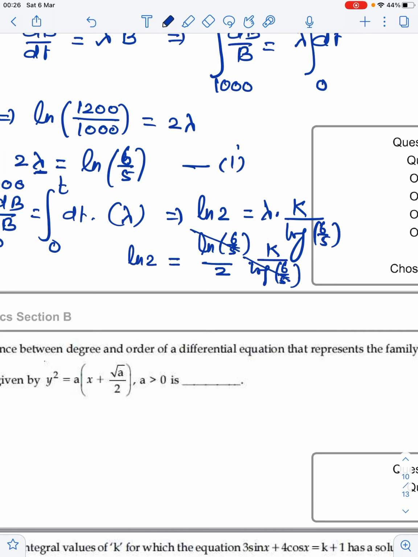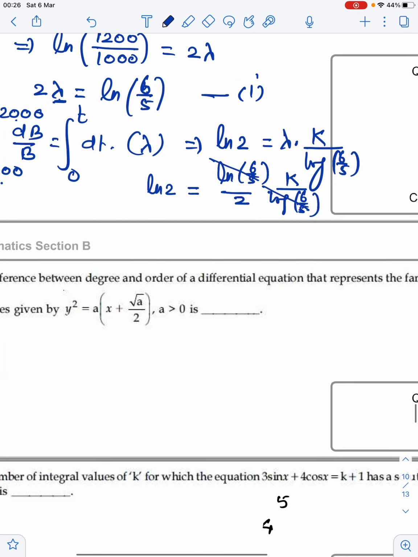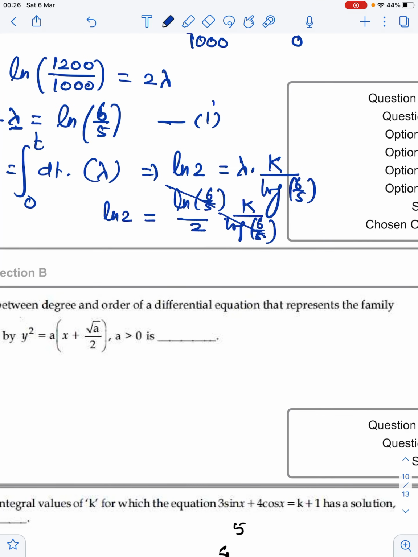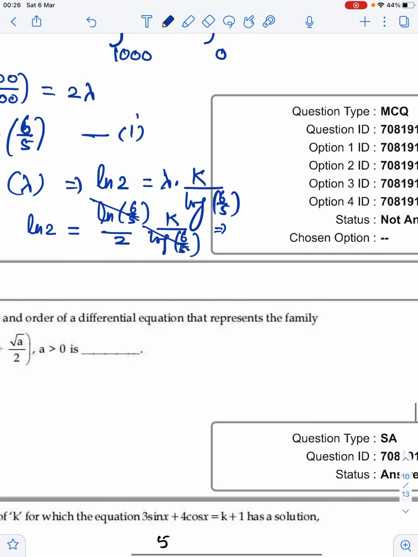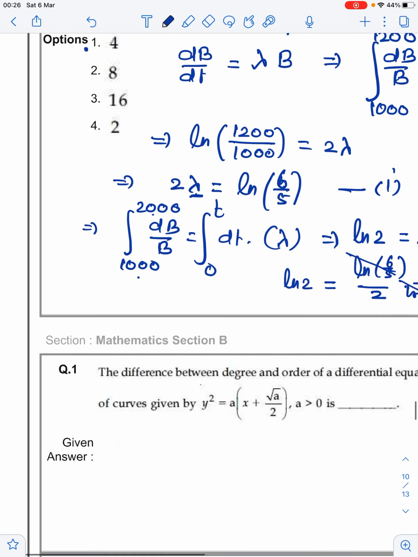So ln 6 by 5 cancels, and they are asking the value of K by ln2. Clearly K by ln2 is 2. So the square is 4. So the option is 4, the first option.